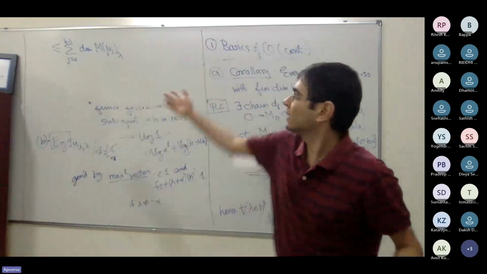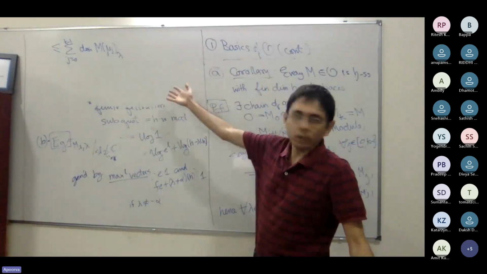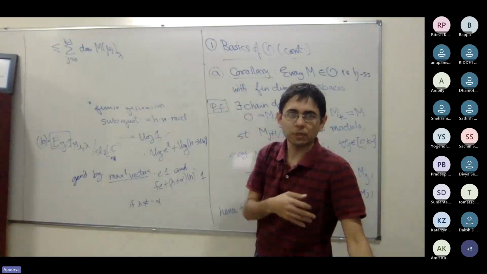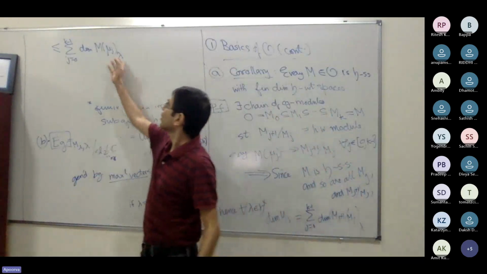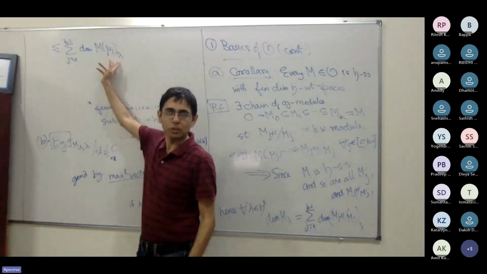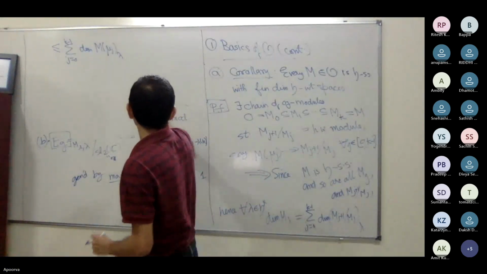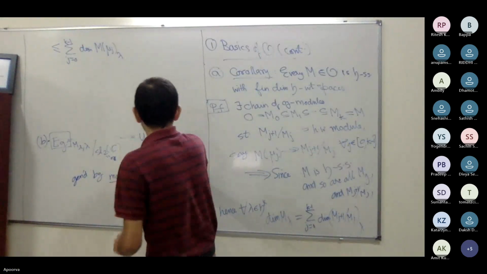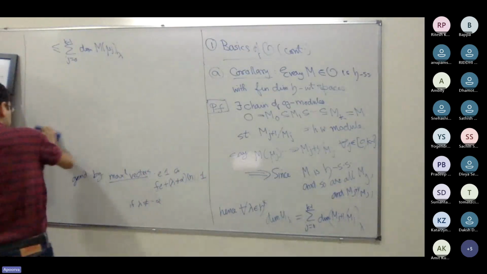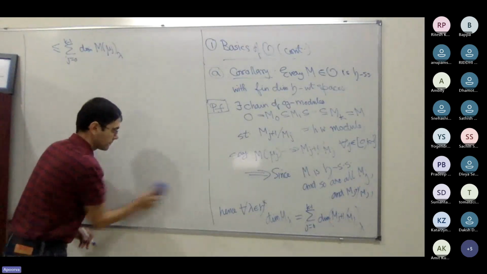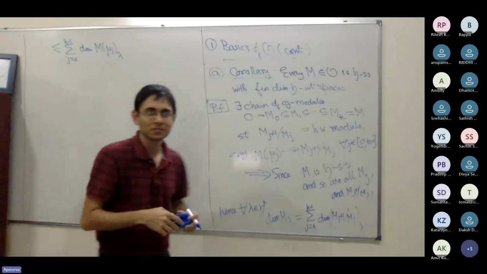And now there are two cases. Either lambda is not of the form mu j minus a sum of positive roots. So if lambda cannot be obtained from mu j by subtracting positive roots, what is the dimension?